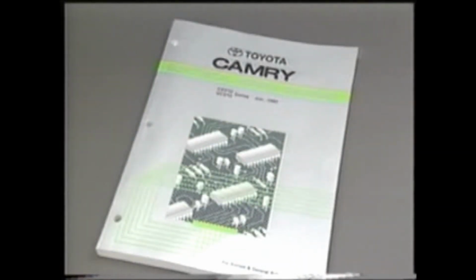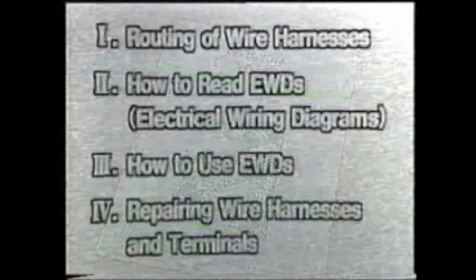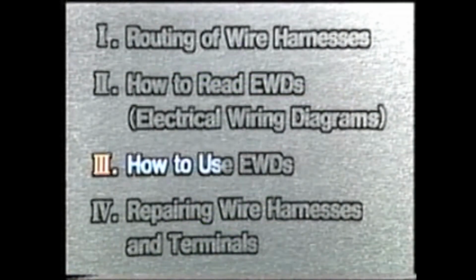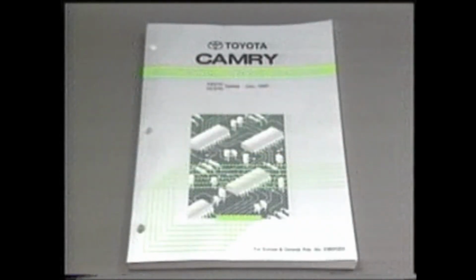Up to now, we have been examining the procedure for reading the EWD. Hopefully, you have understood everything so far. Next, we will try using the EWD to carry out a simple troubleshooting exercise.